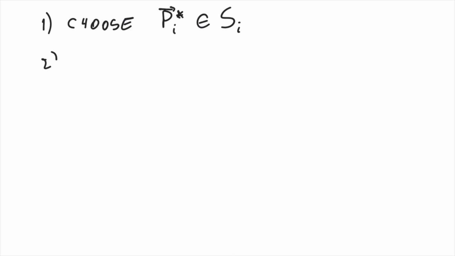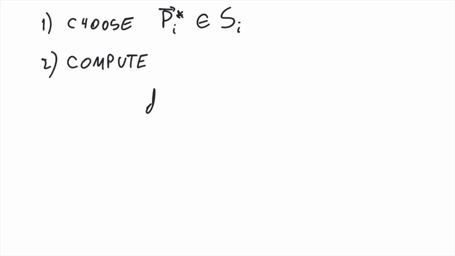So how does the filtering work? First, you choose a random point in the set. So choose, I will call it P star, randomly in the set Si. Now, once you have chosen this point, you have to compute the minimum distance from this point to any other point in that set.